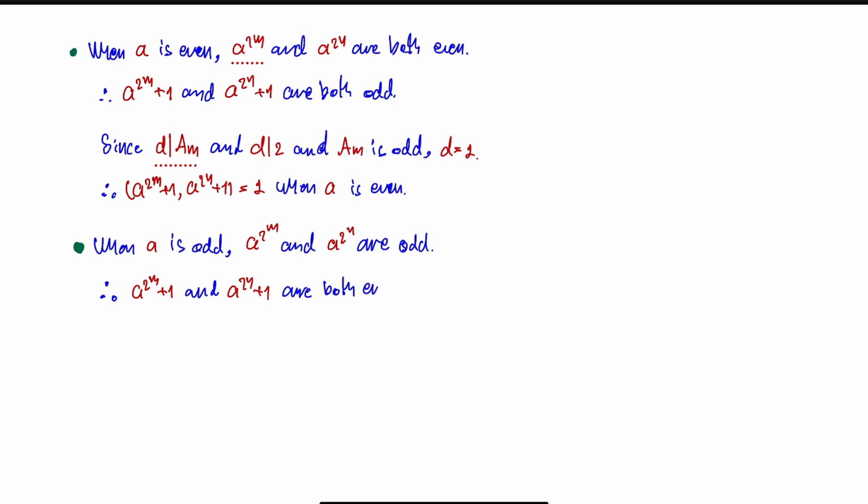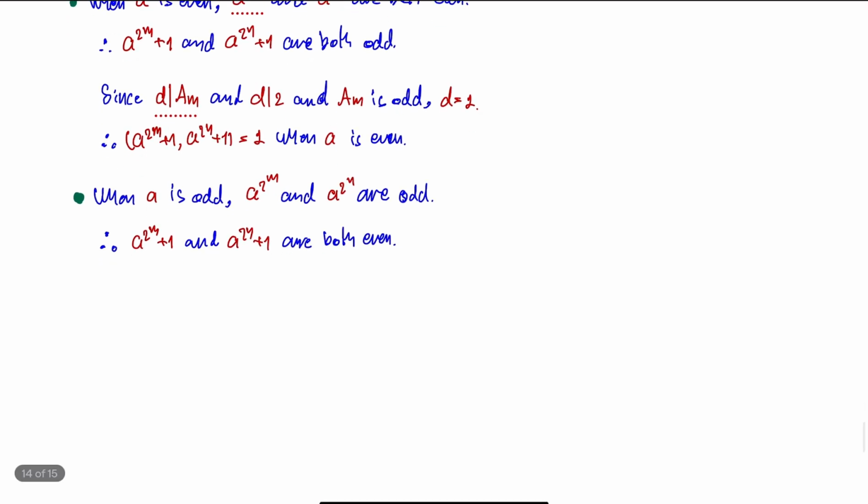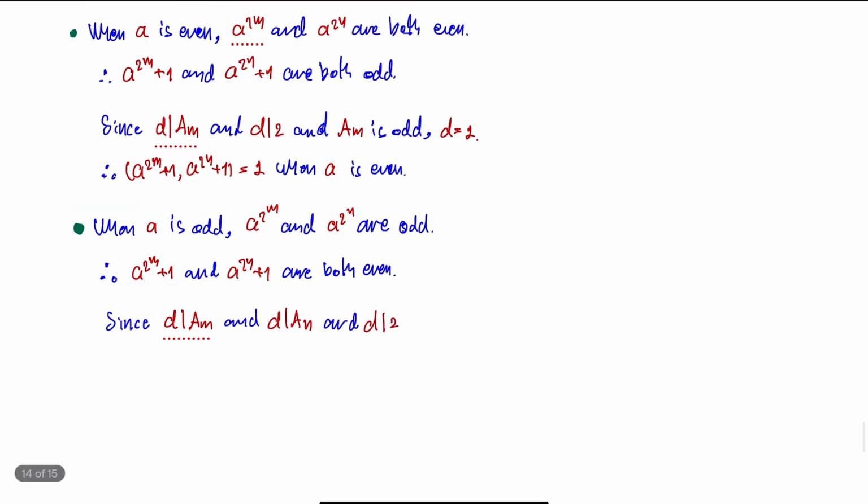Okay, so they are both even, and since we have d divides a_m and d divides a_n, and d divides 2, and d is the greatest common divisor of a^(2^m) + 1 and a^(2^n) + 1.